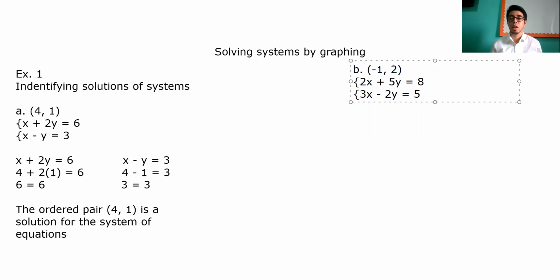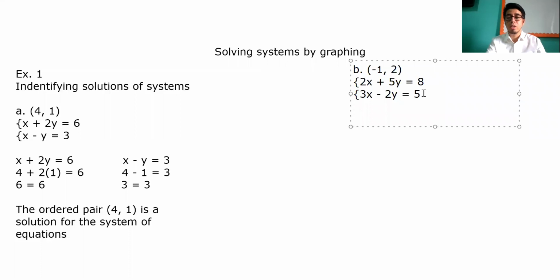Okay, then we have the 2 equations, and what are we going to do? We are going to prove if this ordered pair is going to make these equations true, okay? Then if the values make the equations true, we are going to say that it's a solution for the system of equations.